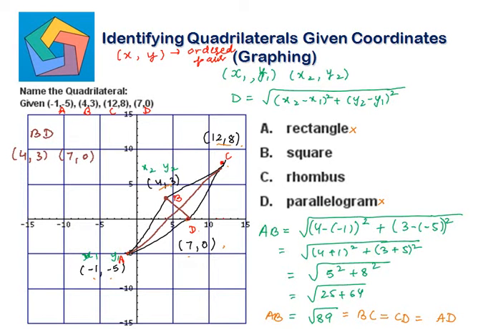And for AC, they will be A (-1, -5) and C is (12, 8). When you apply the distance formula, you will find that length of BD is 3 square root 2 and length of AC is 13 square root 2. We can say units everywhere.